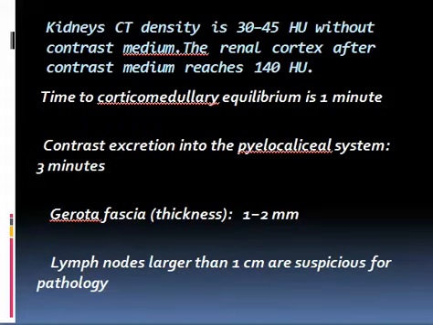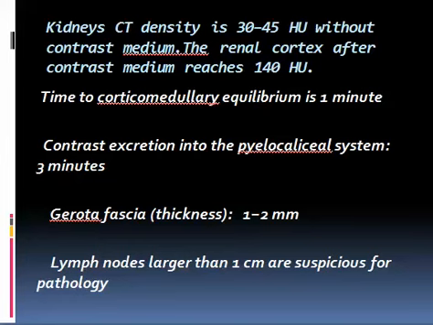Kidney CT density is 30 to 45 without contrast medium. The renal cortex after contrast reaches up to 140. The time to corticomedullary equilibrium, where the cortex and the medulla are both cast by contrast and giving the shadow of the nephrogram, is on average 1 minute.